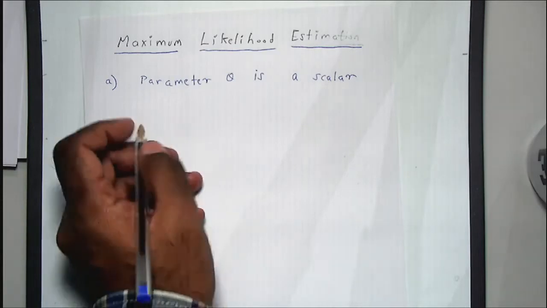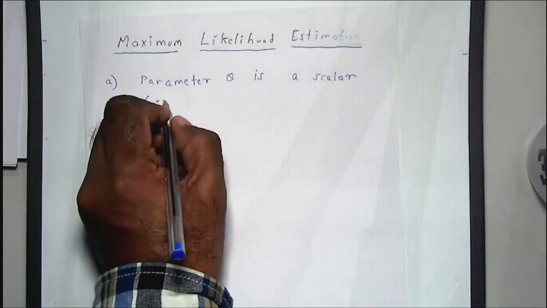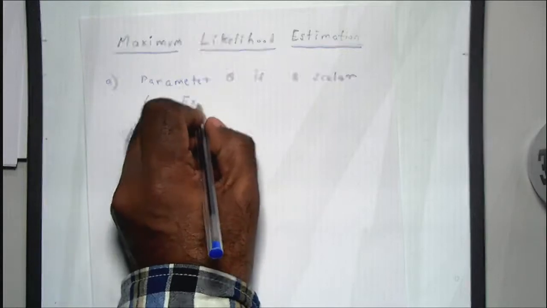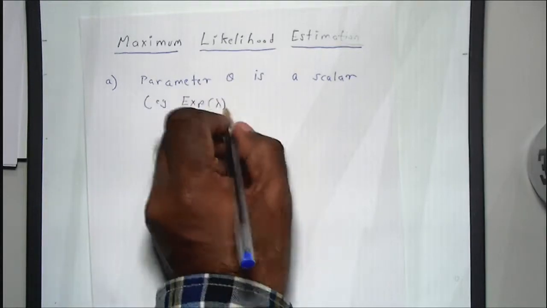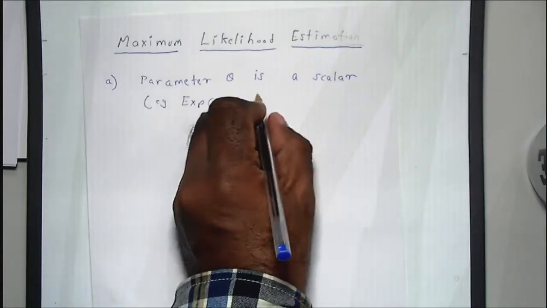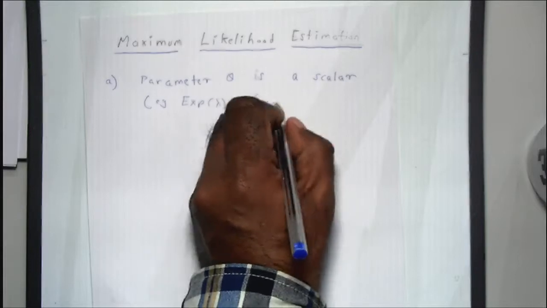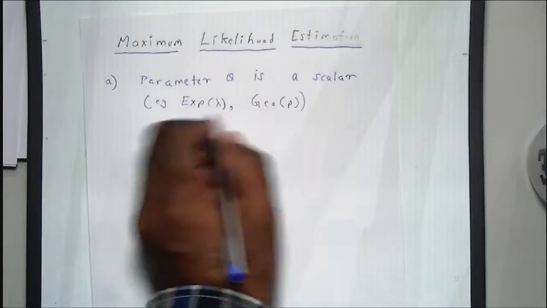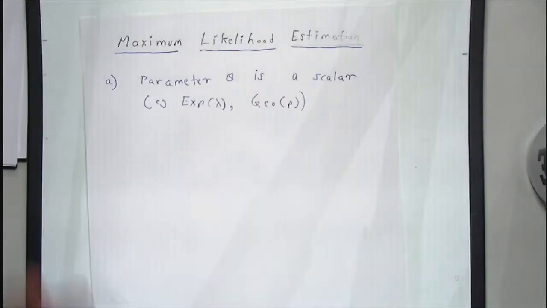So examples could be the exponential distribution or the geometric distribution. These are two examples of distributions that have only one parameter of interest, right?